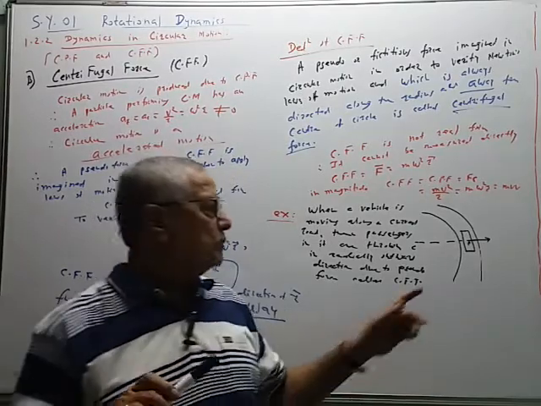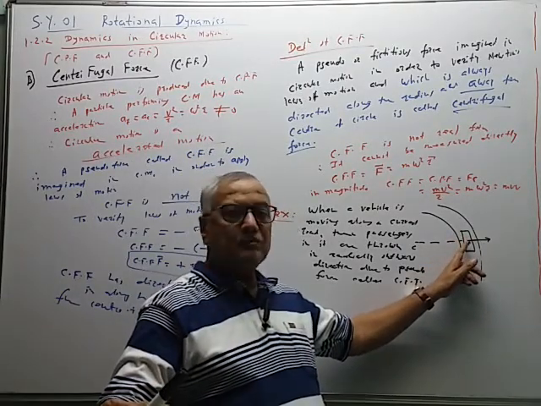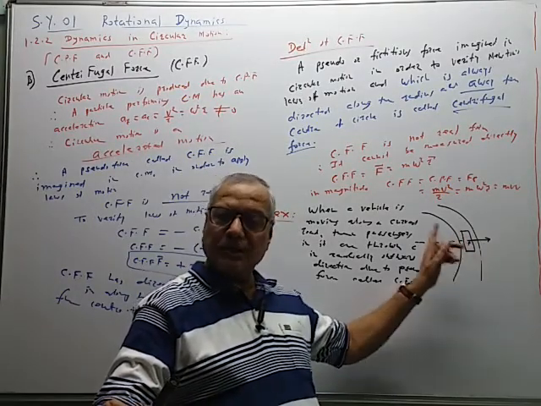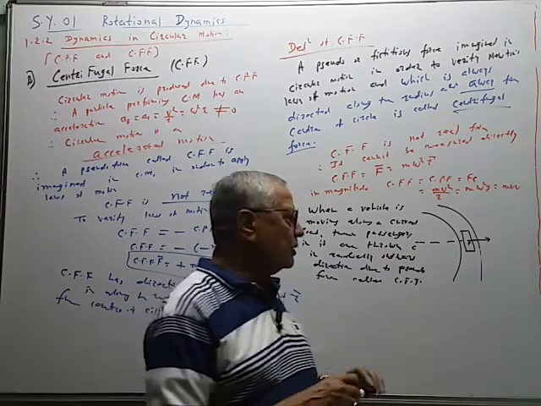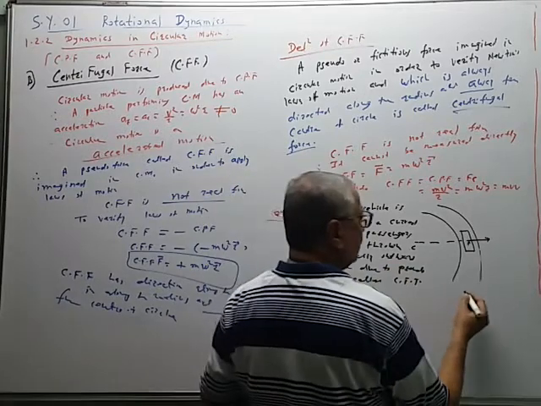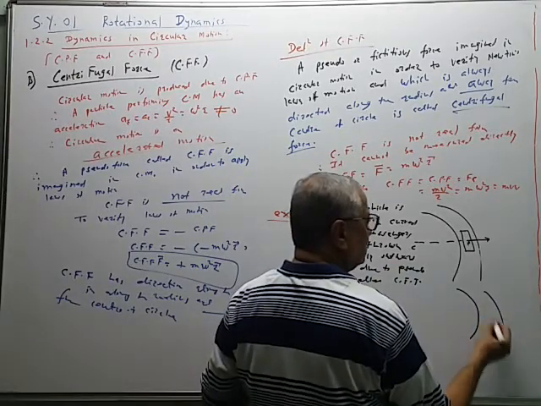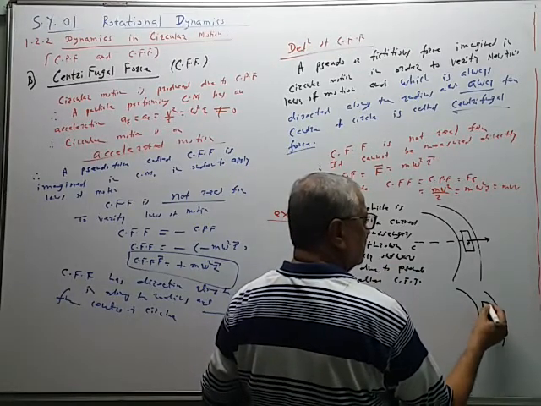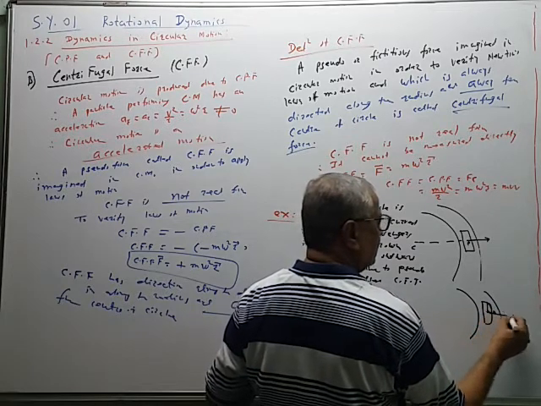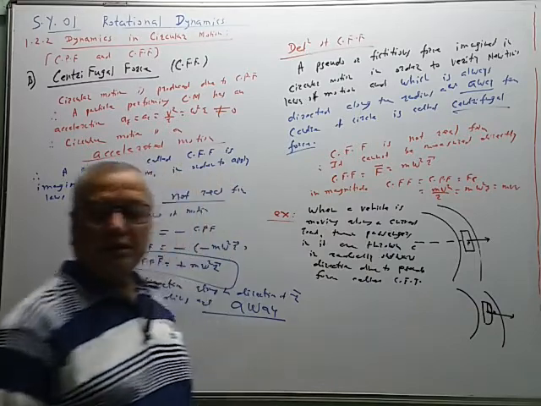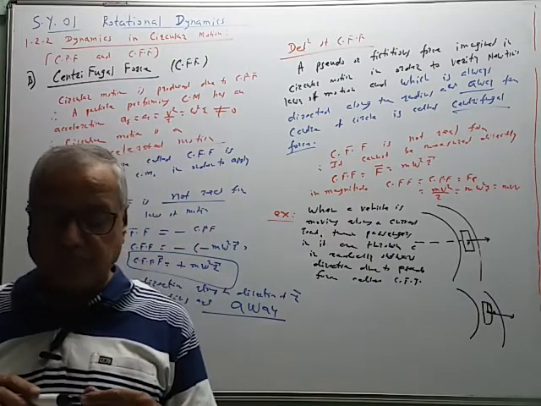Now, if a pendulum is suspended from the ceiling of a bus, the same thing will happen. The bob of the pendulum is thrown in the radially outward direction. If this is a bus and this is a suspended pendulum, it shows a deflection, so the pendulum is thrown in the radially outward direction.